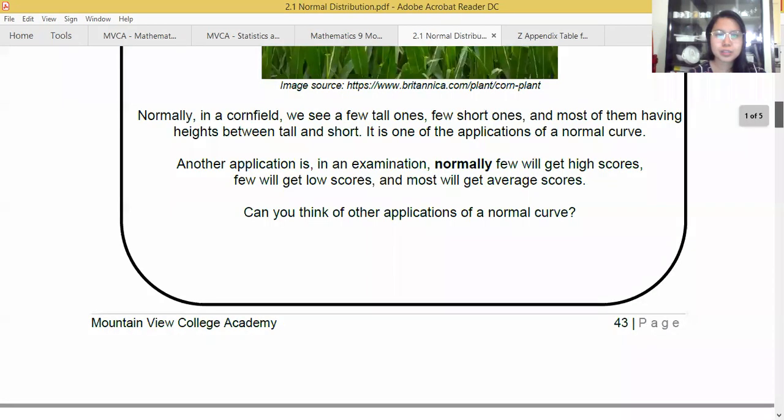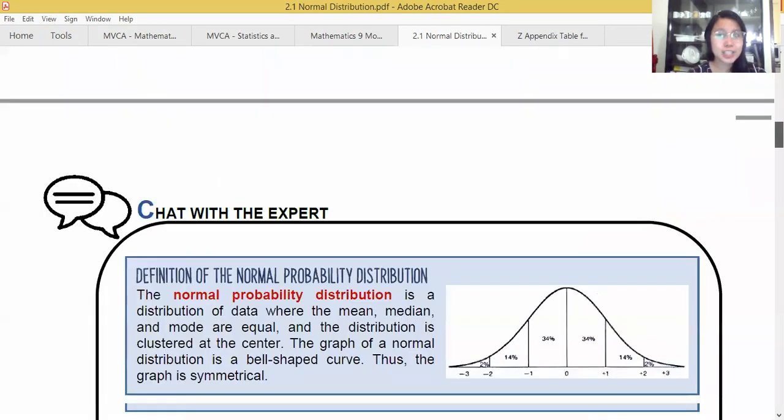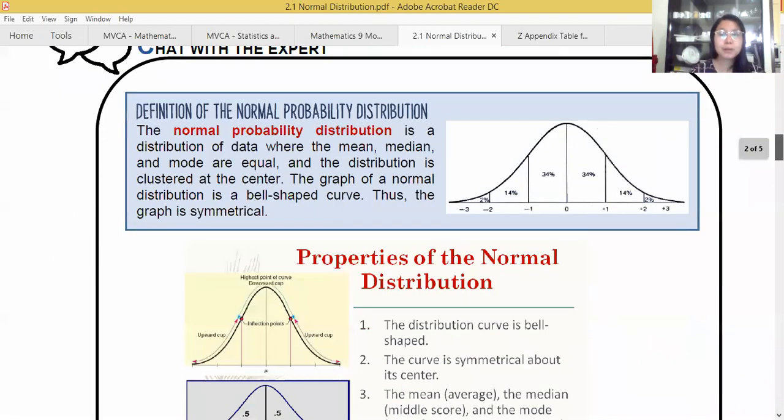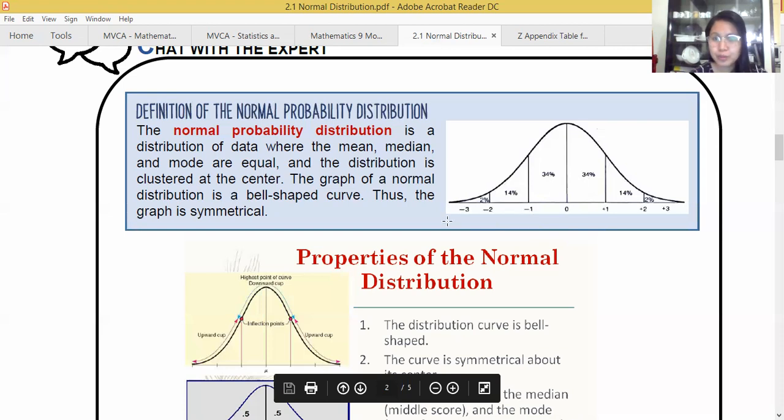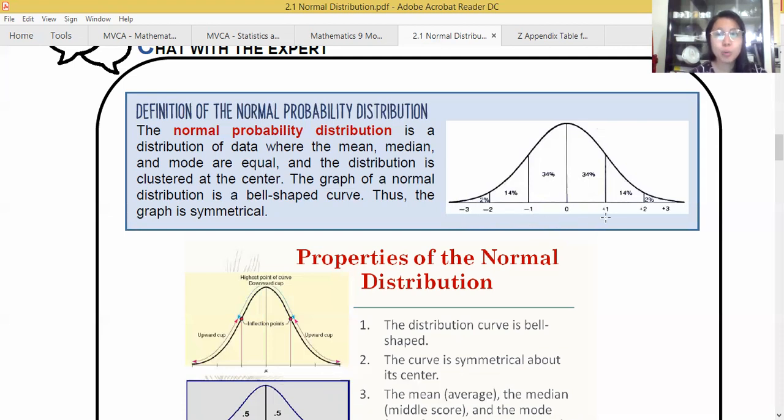Now, our lesson today is about the normal probability distribution. There are many distributions, and this is only one of the many distributions that you will have. What is this about? In the normal probability distribution, you see at the bottom, we have -3, -2, -1, 0, 1, 2, and 3.